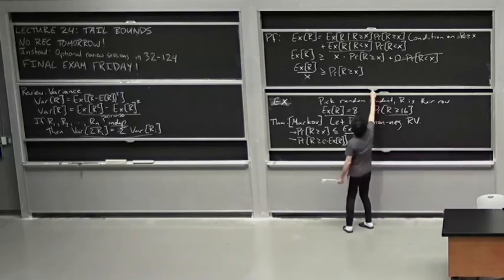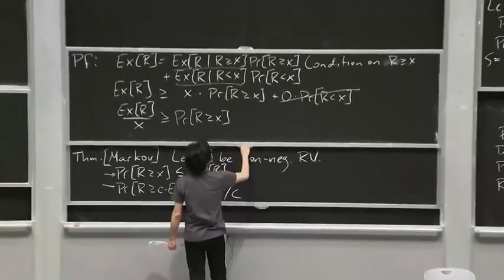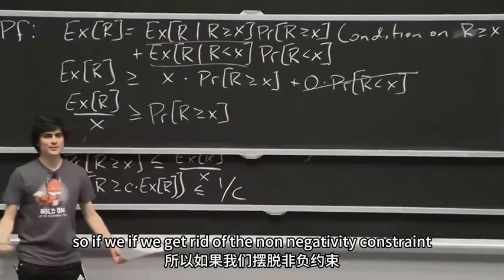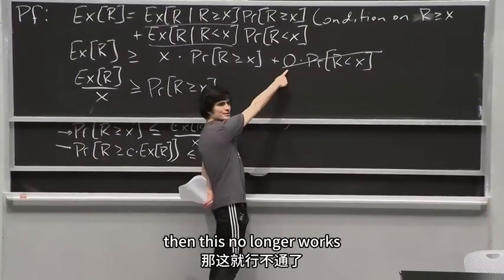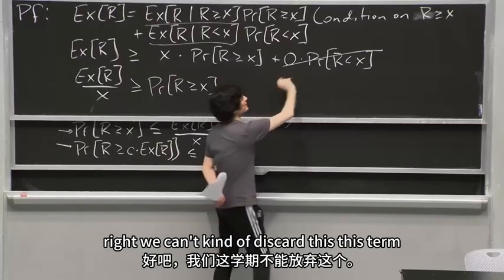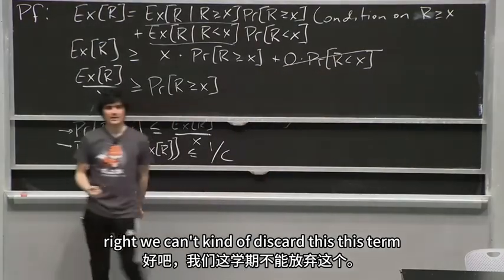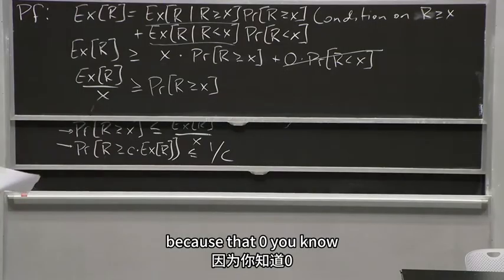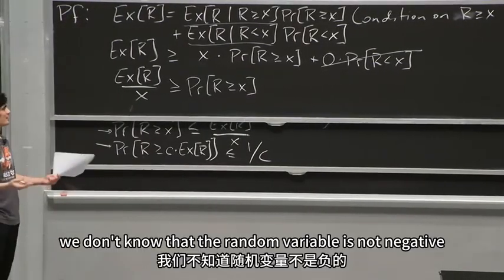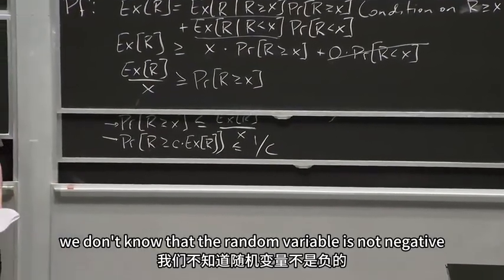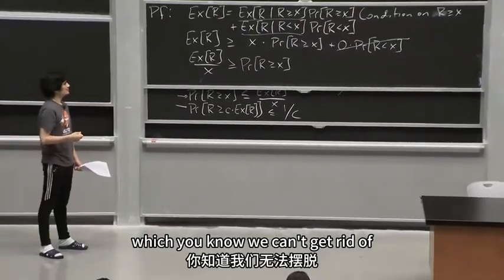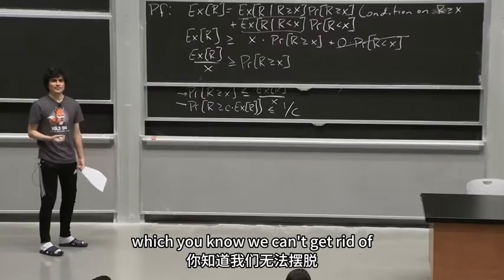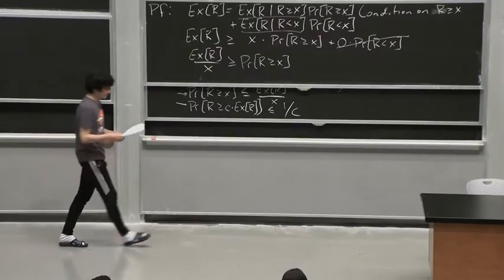Here. If we get rid of the non-negativity constraint, then this no longer works. We can't discard this term, because if we don't know that the random variable is non-negative, we could in principle have a negative value there, which we can't get rid of.